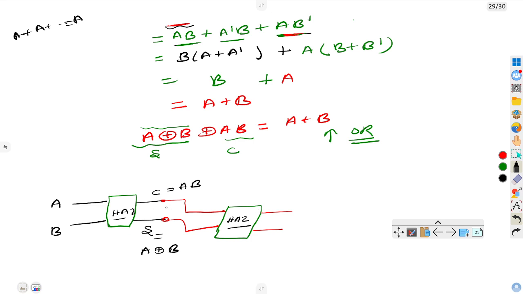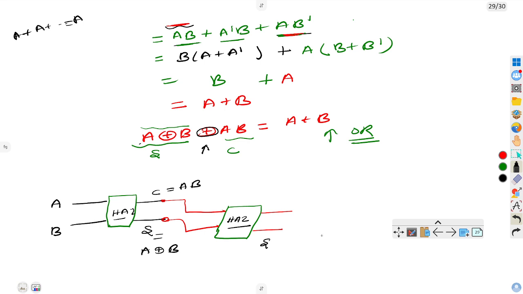The output of the first half adder will go to the input of the second half adder. And finally, the XOR symbol stands for the sum, so this is for carry and this is for the sum.